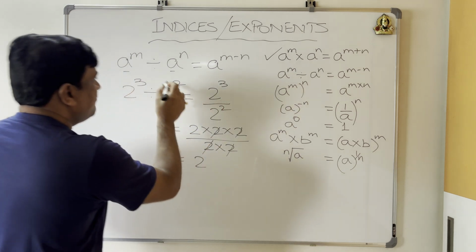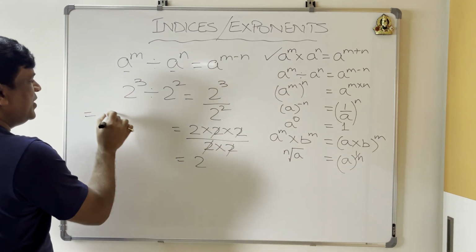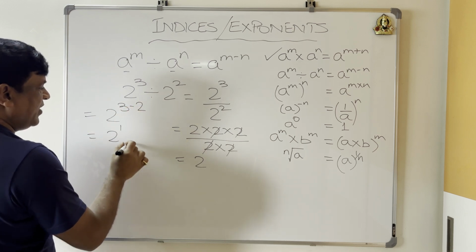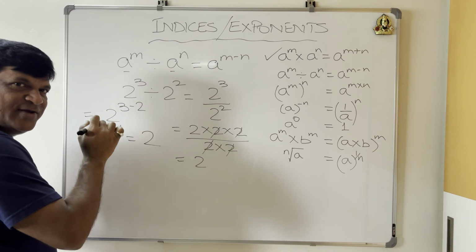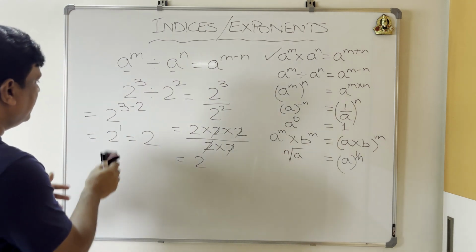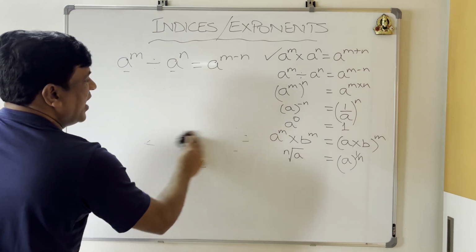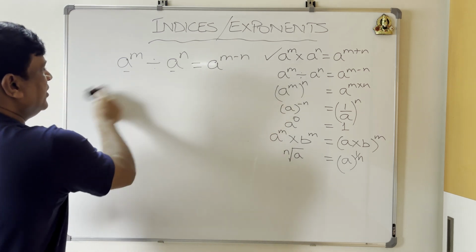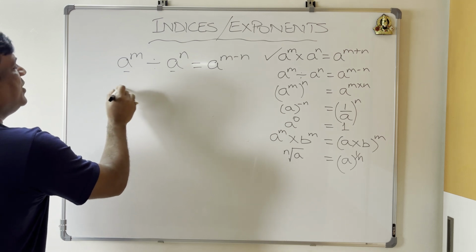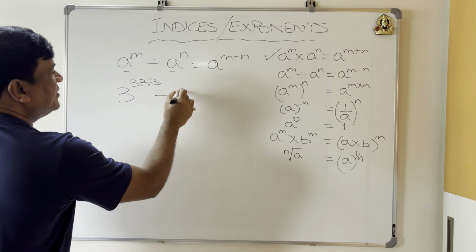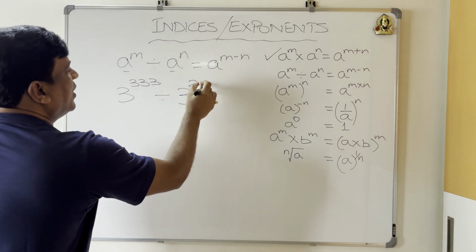But if you use the same formula, it is 2 to the power 3 minus 2, which is 2 to the power 1, which is equal to 2. Make sense? Similarly, this can be used easily when you have very big exponents in a problem. Suppose you have 3 to the power 333 divided by 3 to the power, say, 233.